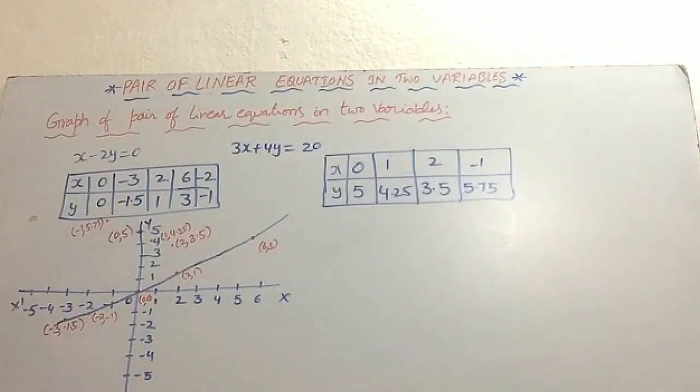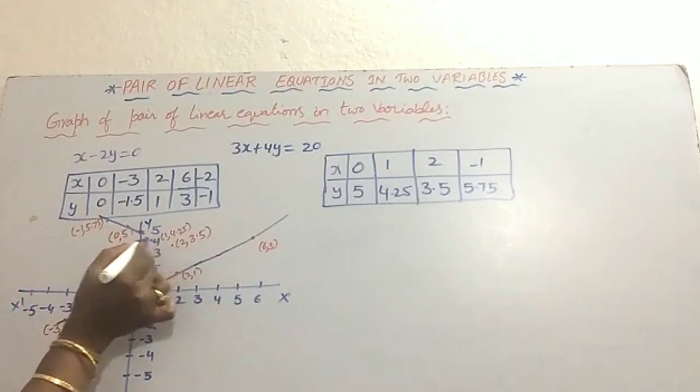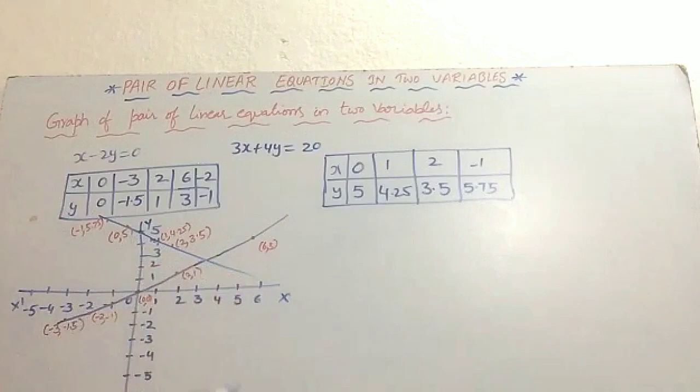If we draw this graph, this line intersects the first line.